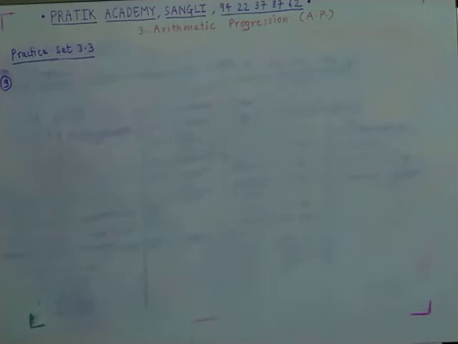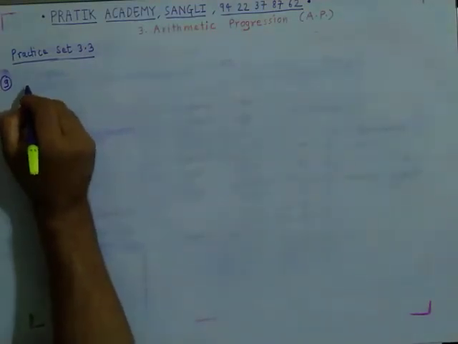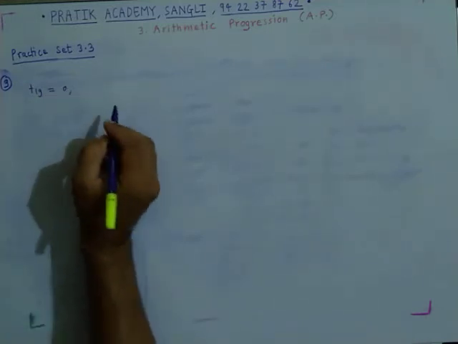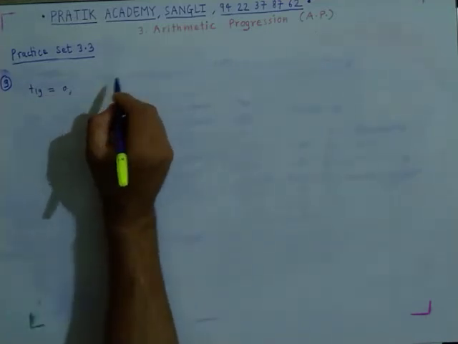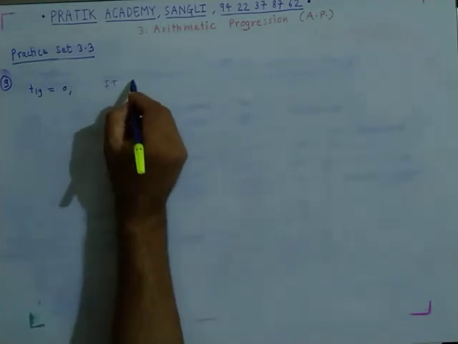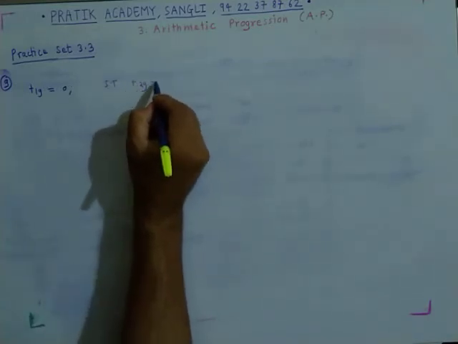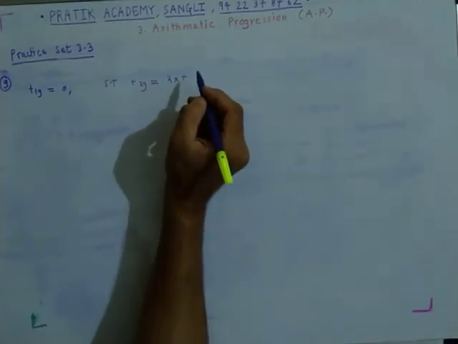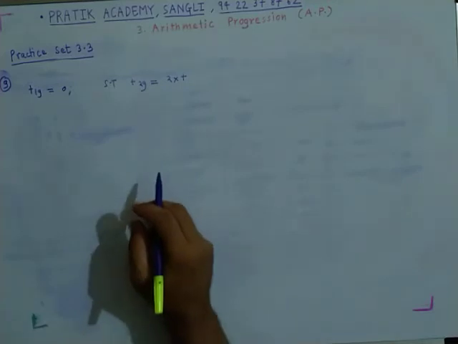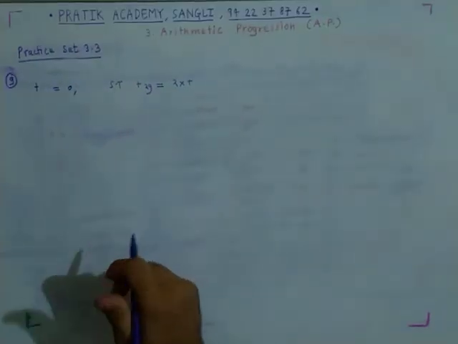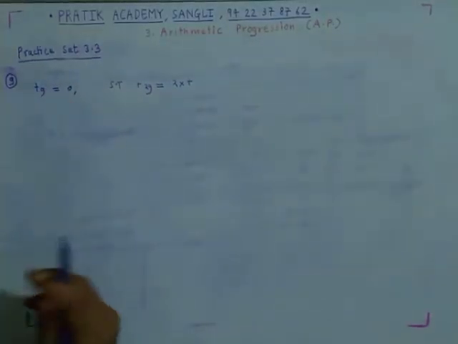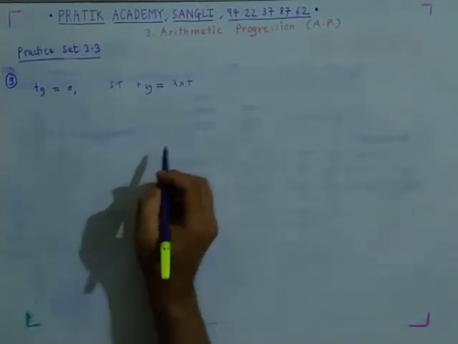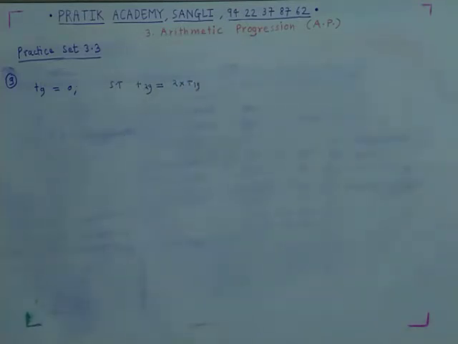So the ninth term is 0, given, and we have to show that t29 is twice the t19. Just one minute, there is one mistake. t9 is given 0, show that the t29 term is twice the t19 term.